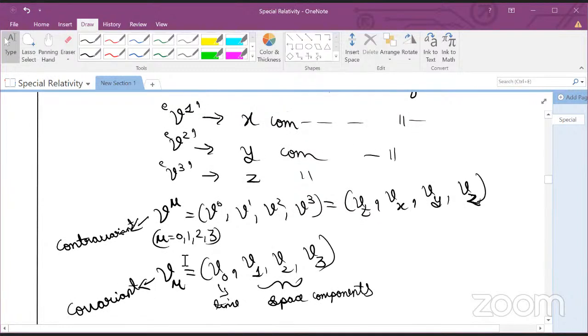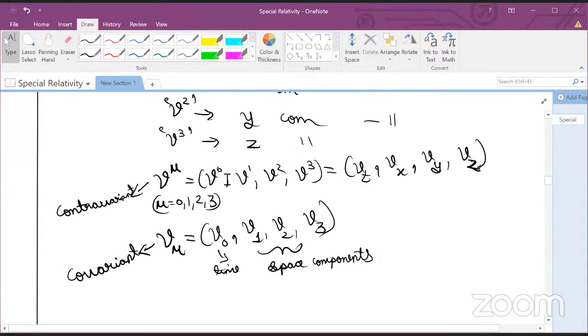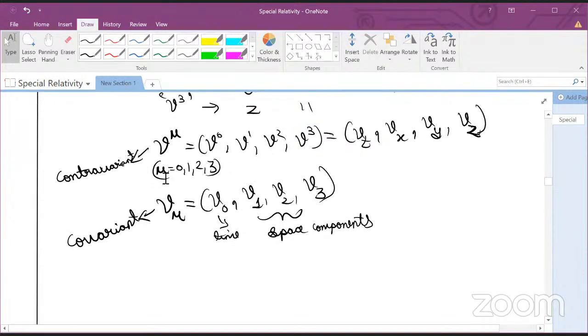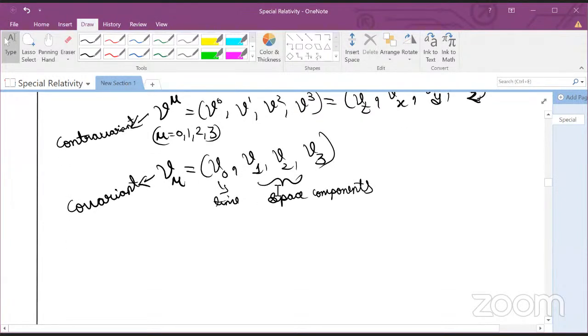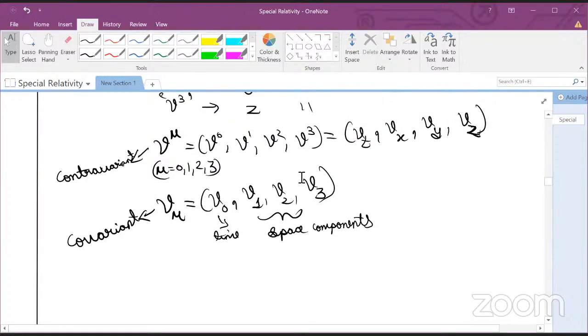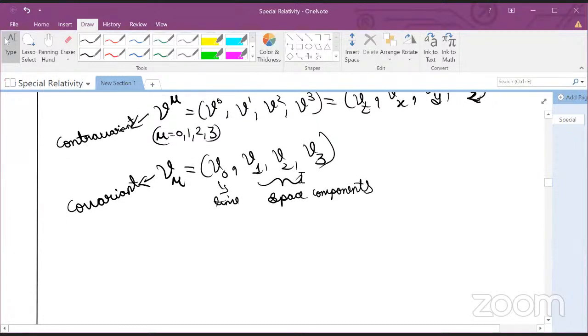Okay. Now, how do we relate these two vectors? We need a relation between covariant and contravariant vectors. So I will use matrix notation to understand this.